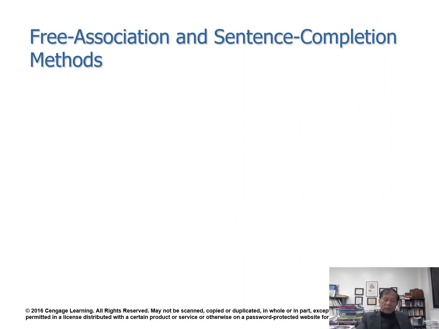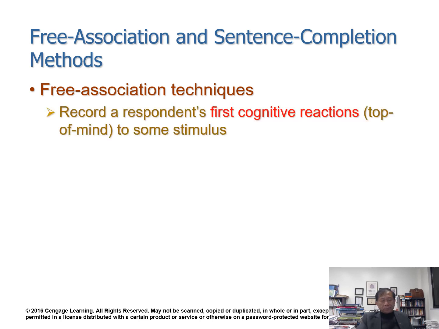There is also another tool called the free association or sentence completion method. What's a free association technique? You record a respondent's first cognitive reactions, from the top of their mind, to some stimulus.